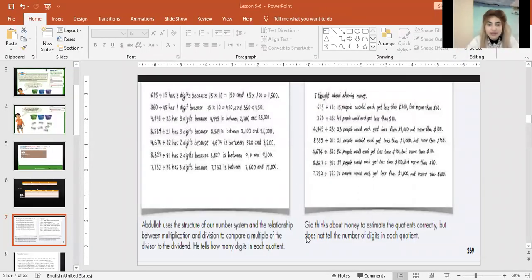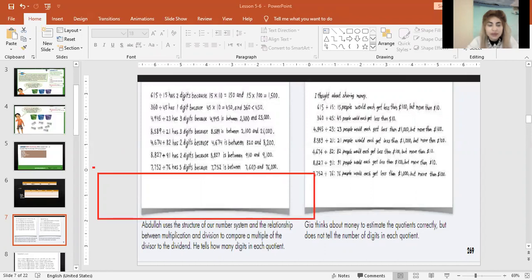Okay, so let's take another example also here. Let's take the last one, which is 7,152 divided by 76.